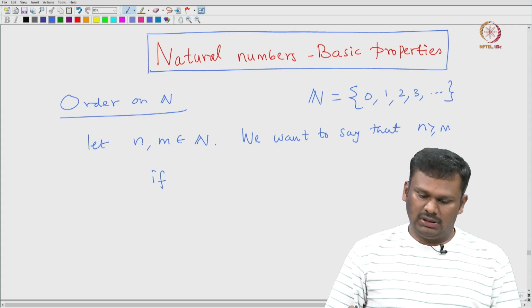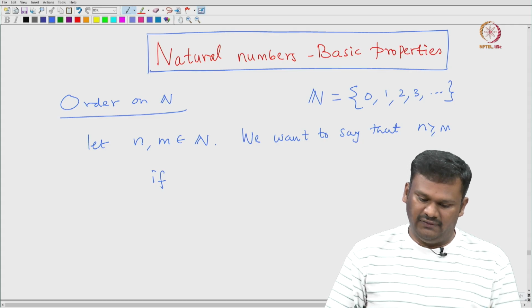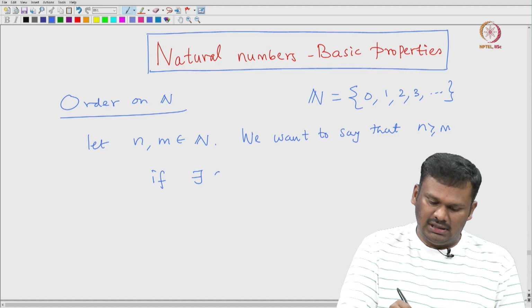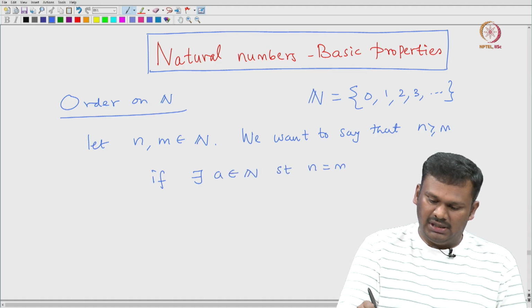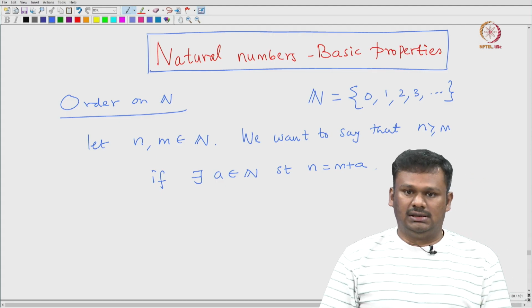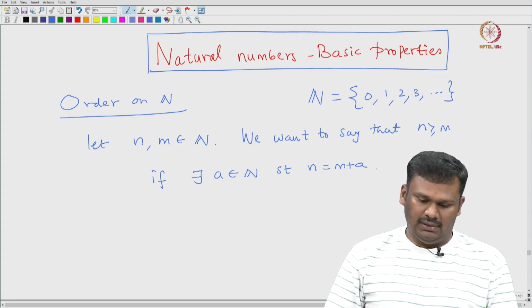So, you can actually use this algebraic property to define: if there exists a in N such that n equals m plus a. This we can take as the definition of order on N.